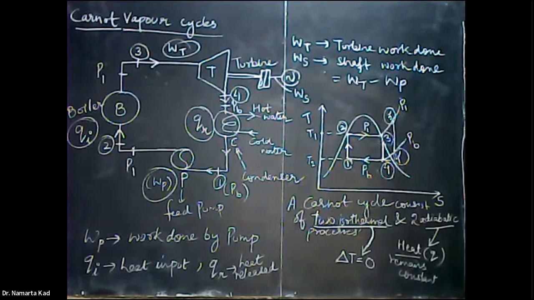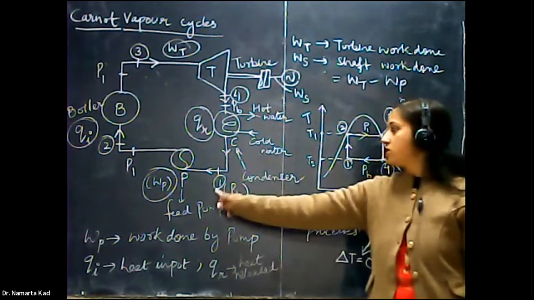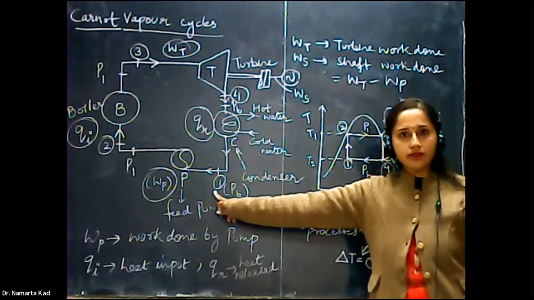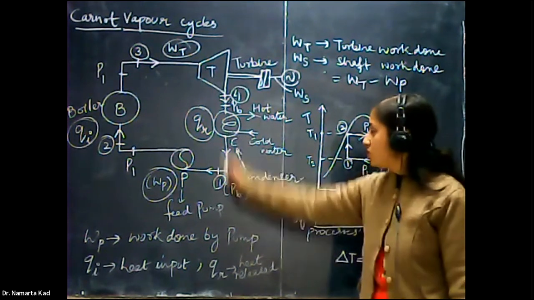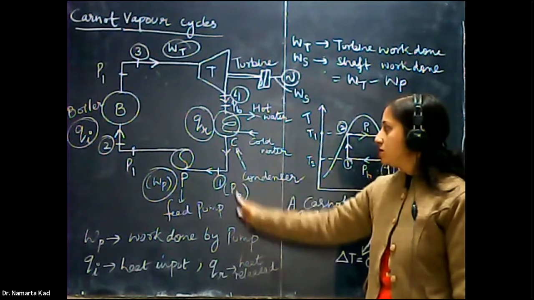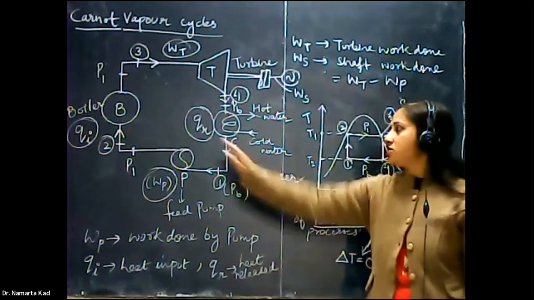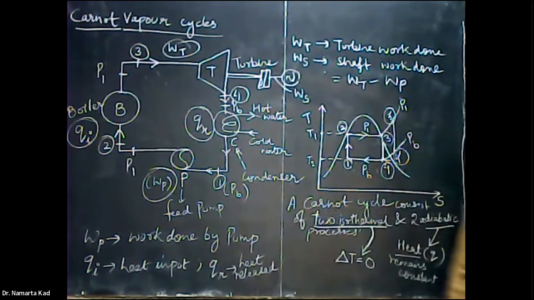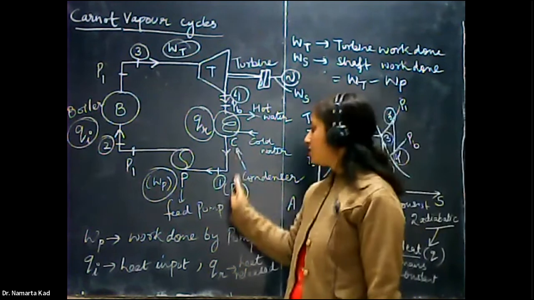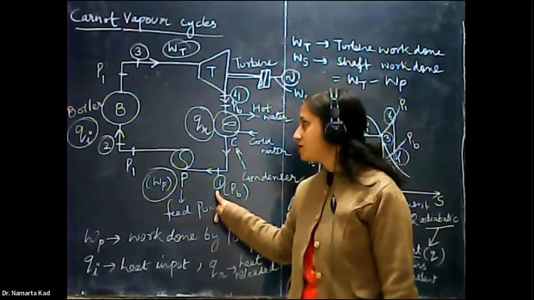The steam then again returns to the original stage 1. What is the condition of the steam now? Here it is the wet steam, and that wet steam, the wet vapors, are converted into the saturated liquid. Here we have the wet steam, or you can say the wet vapors, at stage 1.